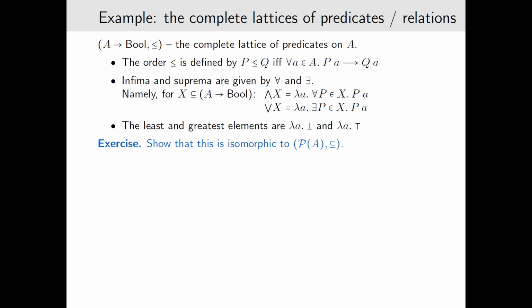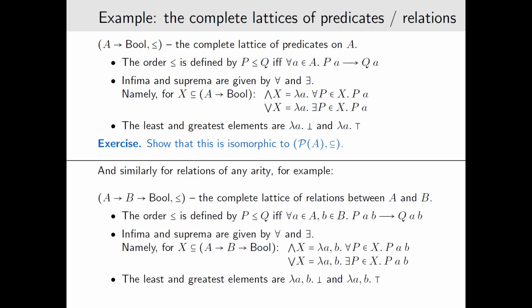But both of them are possible and available in most proof systems. So we have the lattice of predicates on a set A, which is isomorphic to the power set lattice. And notice that universal quantification expresses what set-theoretically is intersection, and existential quantification expresses union.